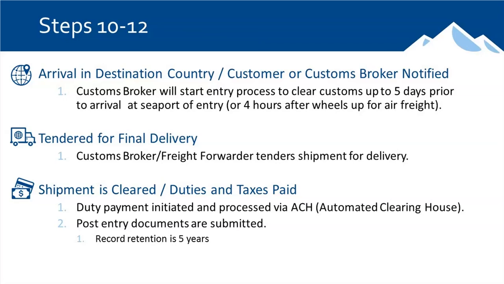Now, some customers will say, well, my customs broker has all that information. By law, the importer of record has to retain those documents. Now, you can request approval from U.S. Customs to have your customs broker retain those for you, but you have to have approval first.